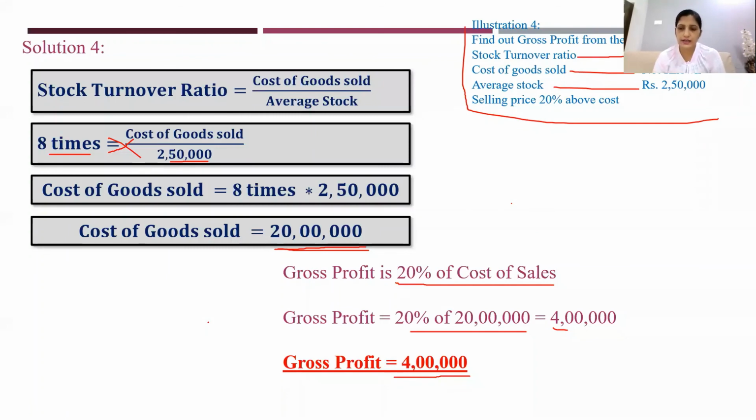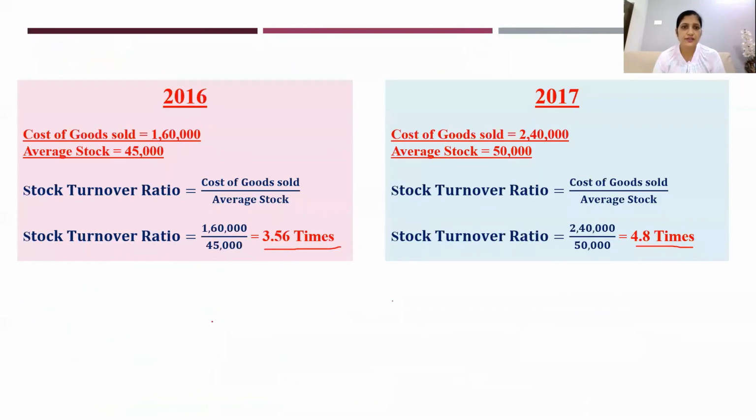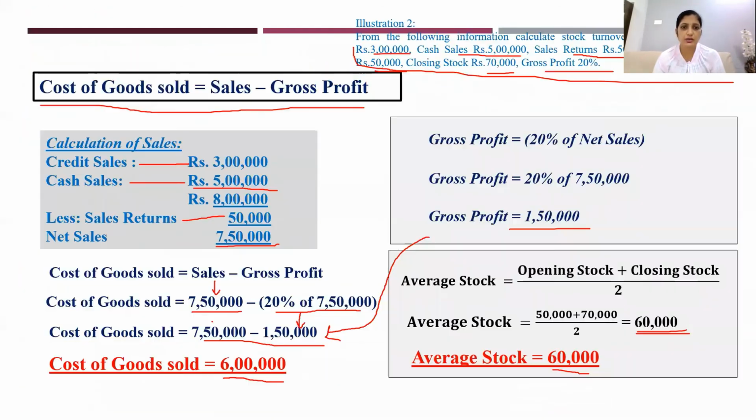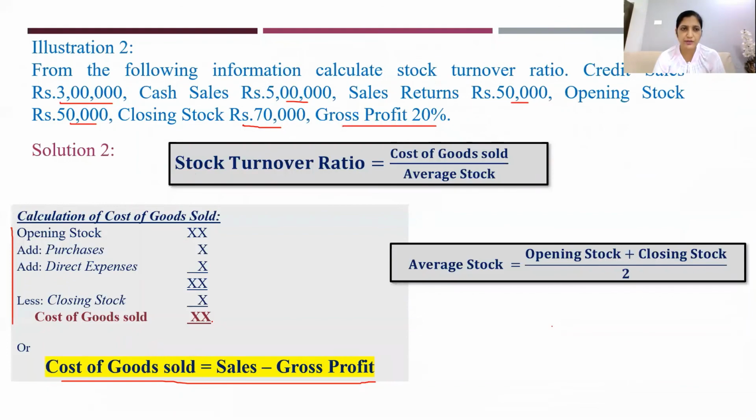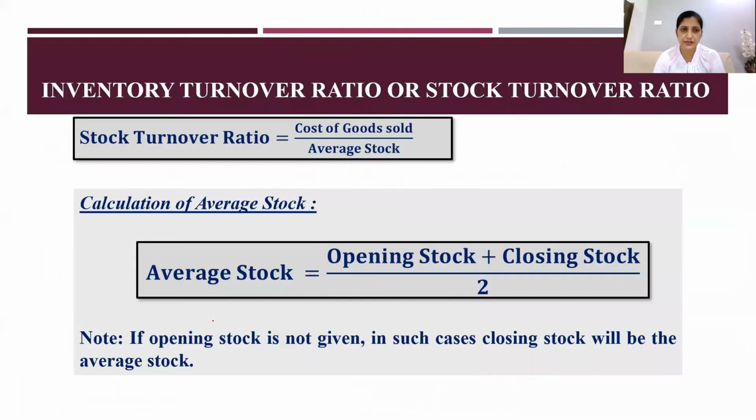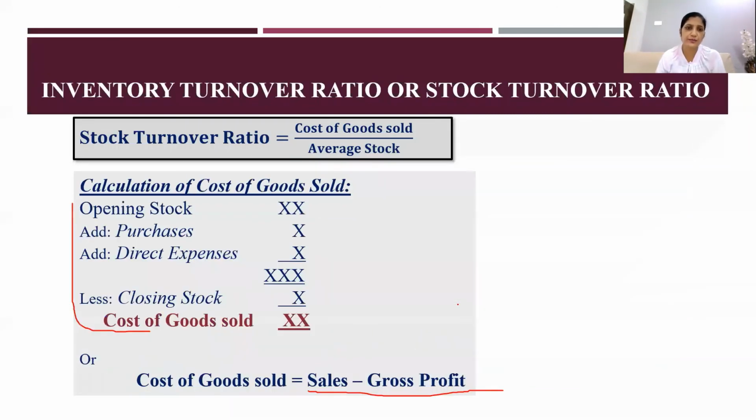So these are the different types of problems. We have studied about stock turnover ratio. The most important part we have to remember in this is these formulas. Stock turnover ratio is equal to cost of goods sold divided by average stock, and average stock is opening stock plus closing stock divided by 2.